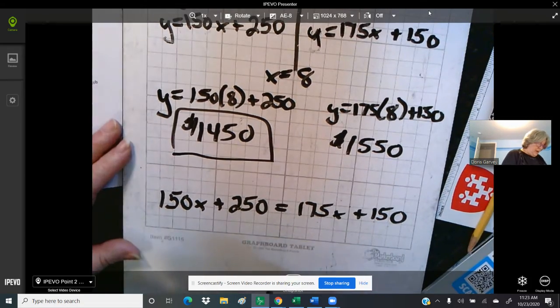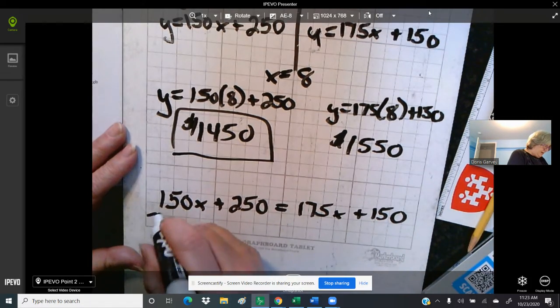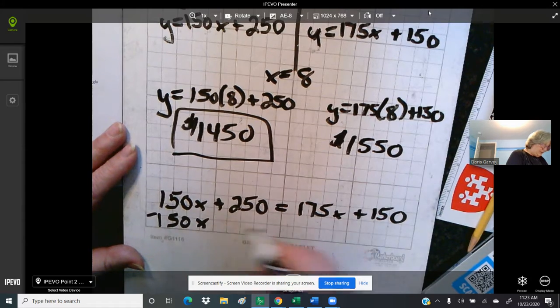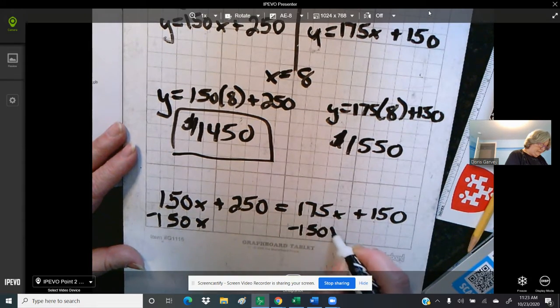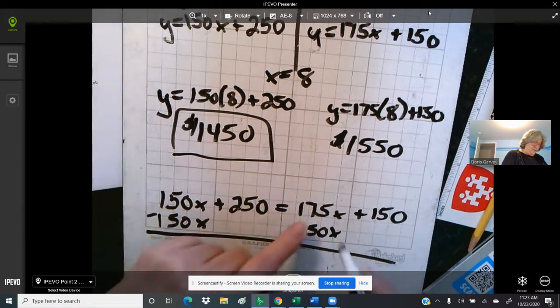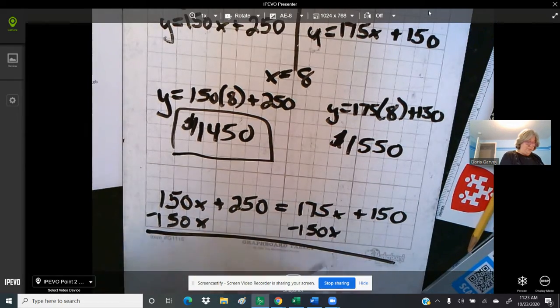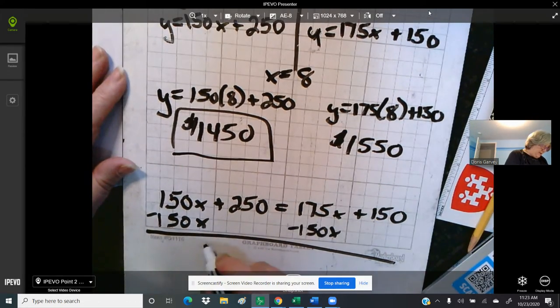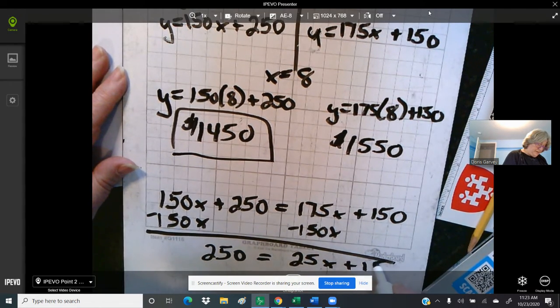So I'm going to subtract 150x from this side of the equation. You could have subtracted the 175x, but I just prefer to keep my x's positive. So that'll be 250 equals 25x plus 150.